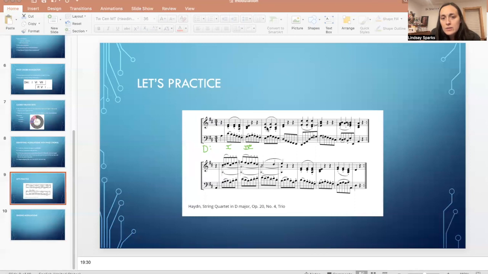And then we get to C, G, and E. Okay, and we pretty much stay there for a little while. So what's that area? We're looking at maybe a 7, right? Which we would expect to have in the first inversion.